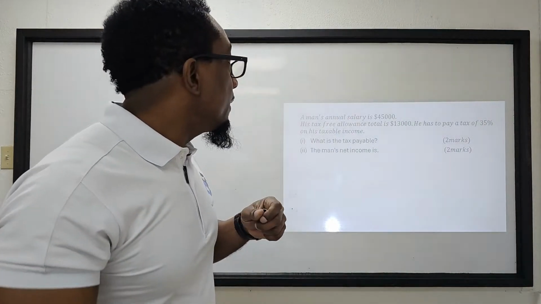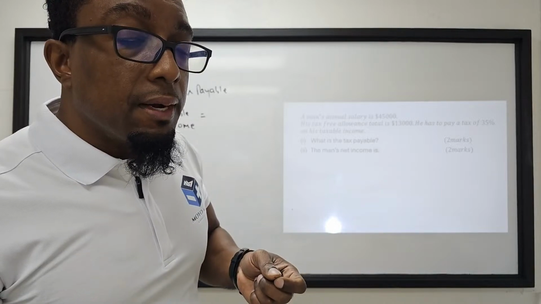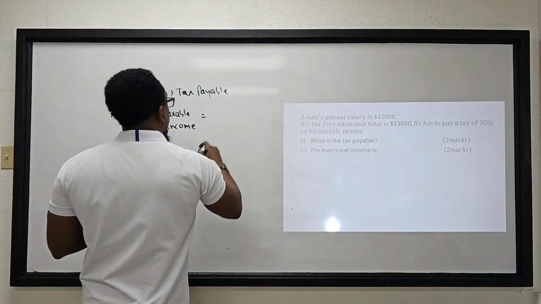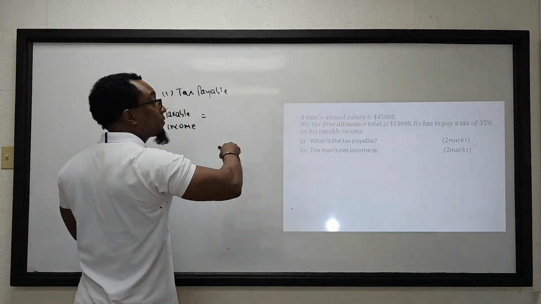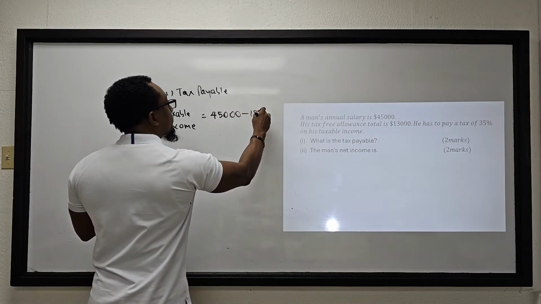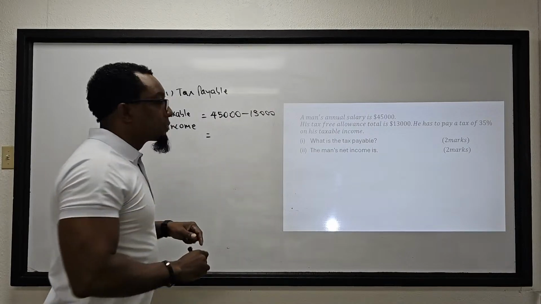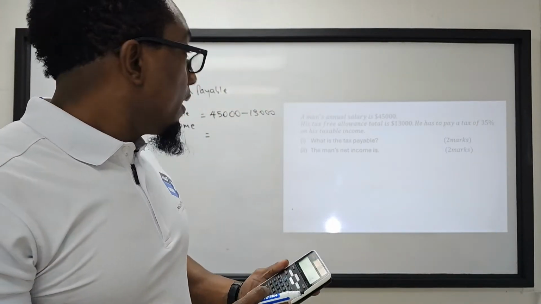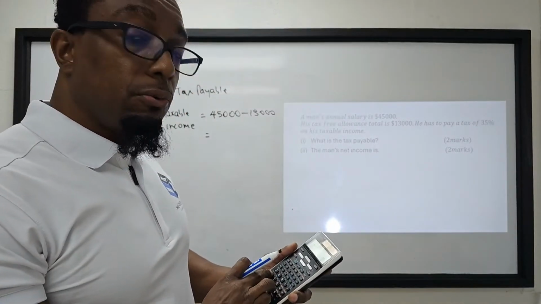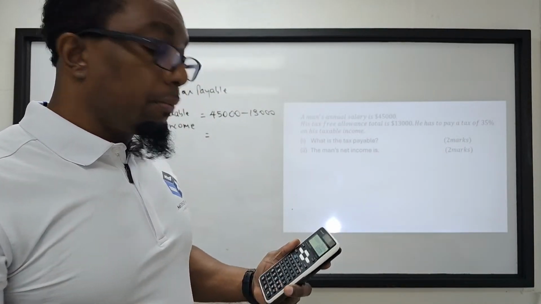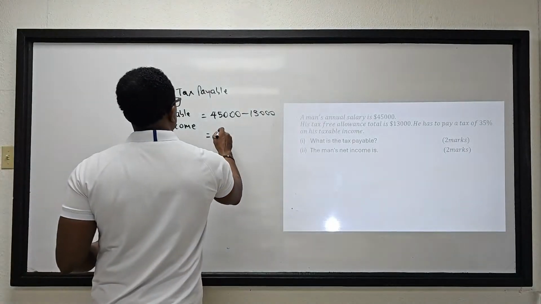will be to take his tax-free income or his allowance away from his gross salary. So he's taking his allowance, which is his tax-free income, away from his gross income, which is $32,000.